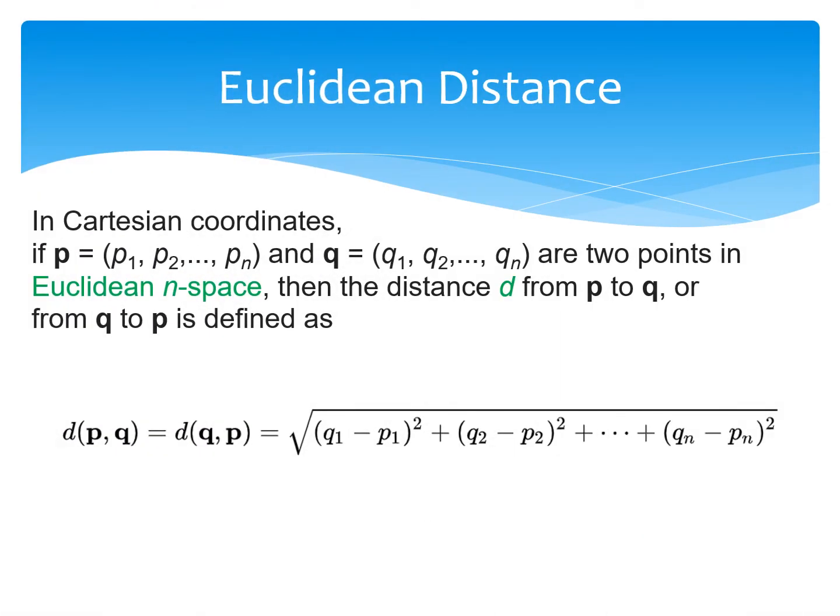This measure can be further extended to three-dimensional or n-dimensional space, and thus we can summarize the Euclidean distance as the formula on the screen.